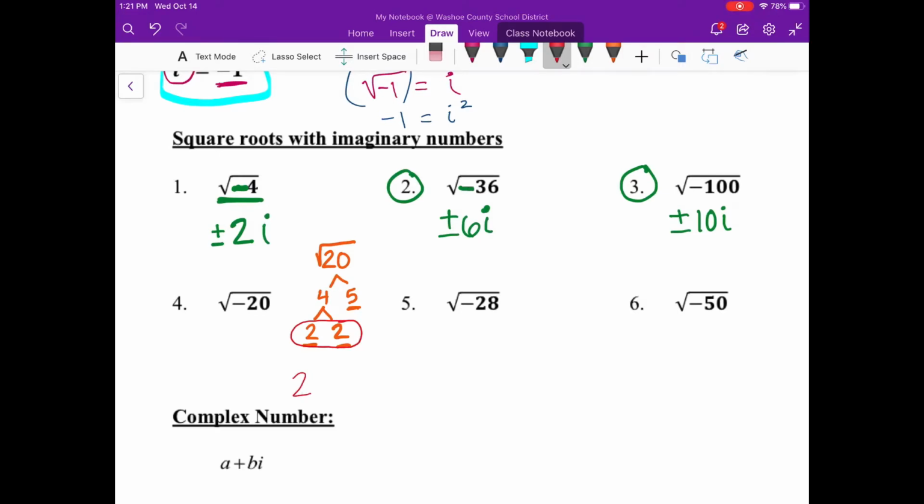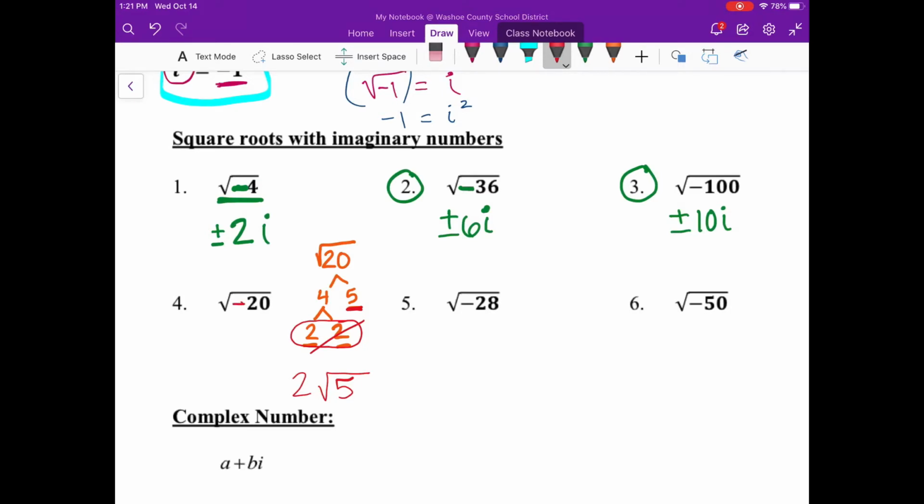So think of it as these two numbers were inside the radical, they're trying to break out of jail, but both of them are not going to make it out alive. So you're really sacrificing one, and only one of them gets out. And inside the radical, the poor 5 did not have a partner to escape with, so it's going to stay inside the radical. So the square root of 20 can be simplified to 2 square root of 5.